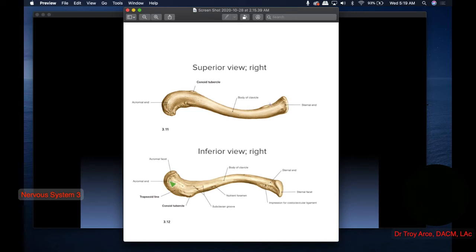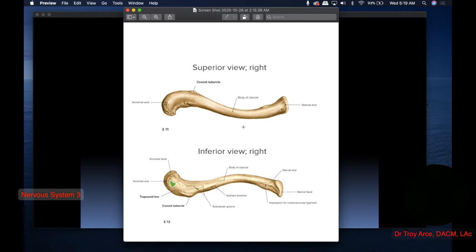Convex to the medial side, concave to the lateral side, and you're going to have a conoid tubercle on top, right? And that's how to identify the difference between the posterior, or pardon me, the top view and the bottom view.